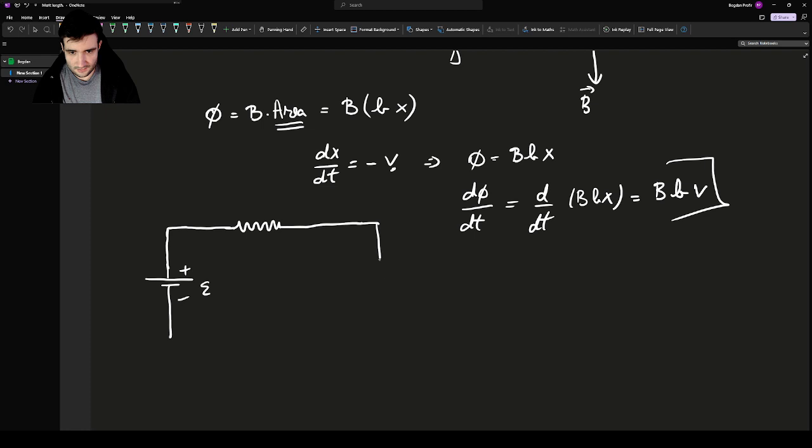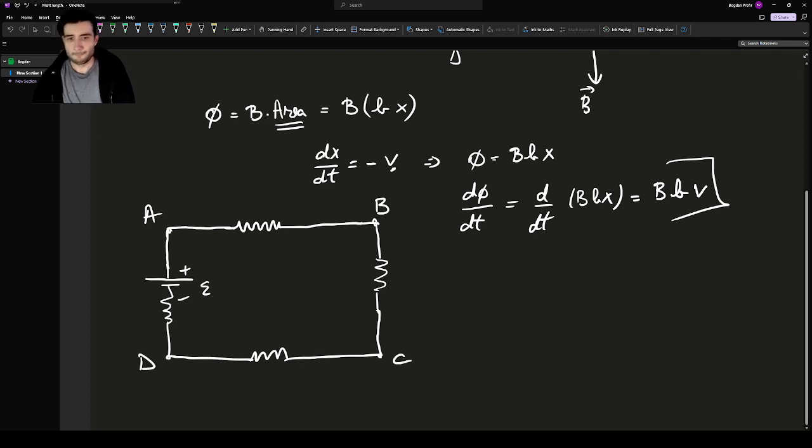So this side is going to have a resistance, this side is going to have a resistance. Even this side will have a resistance, which I have to draw as well, and then this side will have a resistance too. And the points were A, B, and then C, and then D. Okay, and then the current will flow obviously in this way.